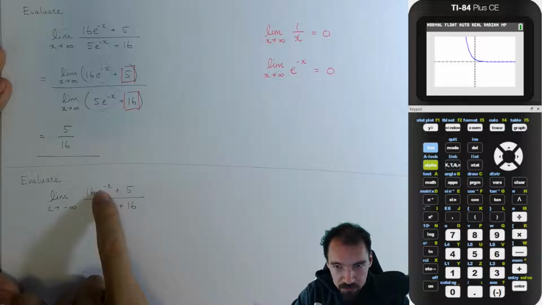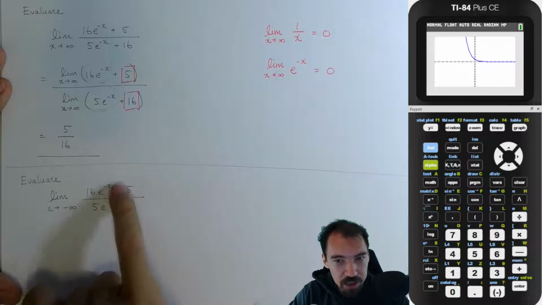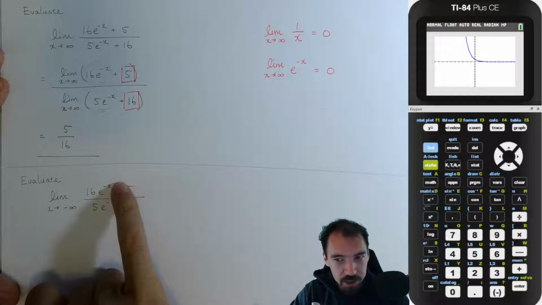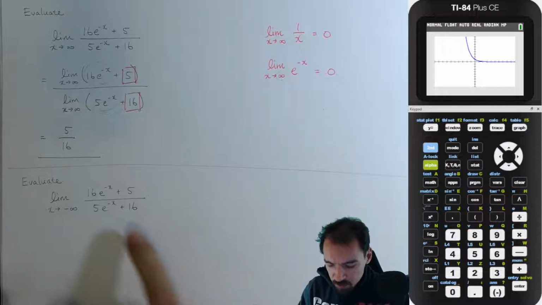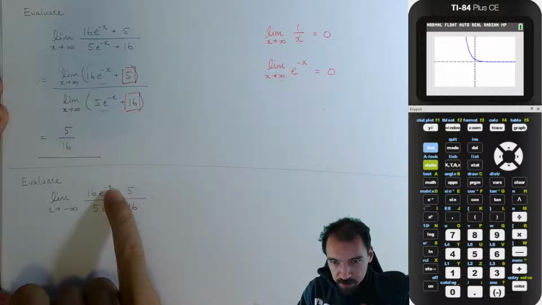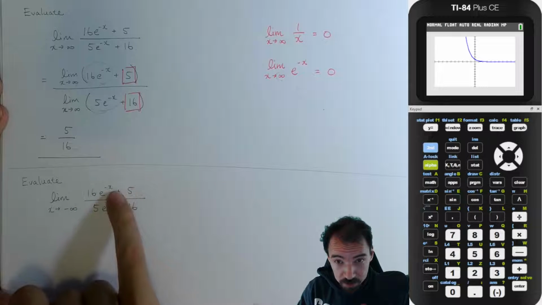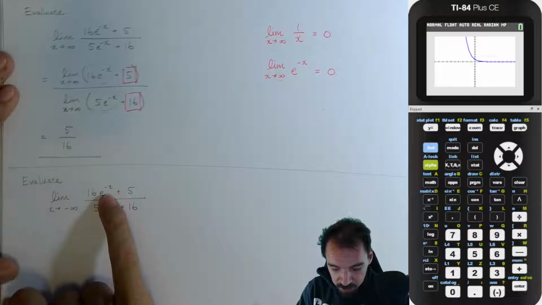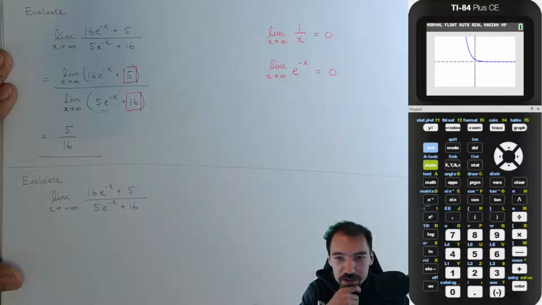A negative of a negative is a positive number, and e to a positive number is going to be potentially very large. Oh, so now we're in a situation where 16 times e to the negative x, which is 16 times e to a huge positive number now, because negative, negative, that number is so big that 5 is going to become insignificant compared to that.